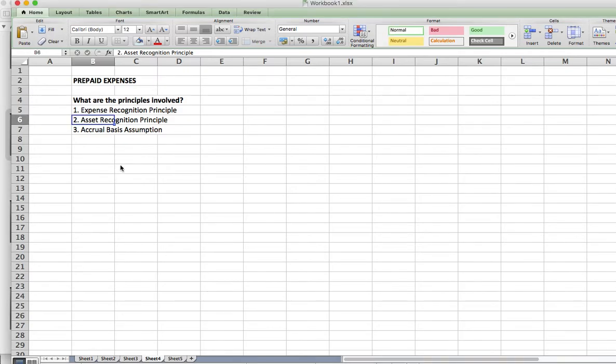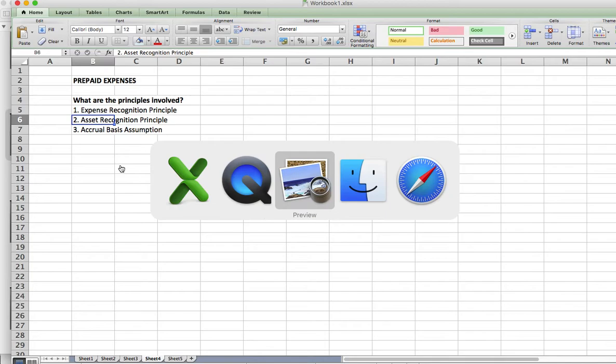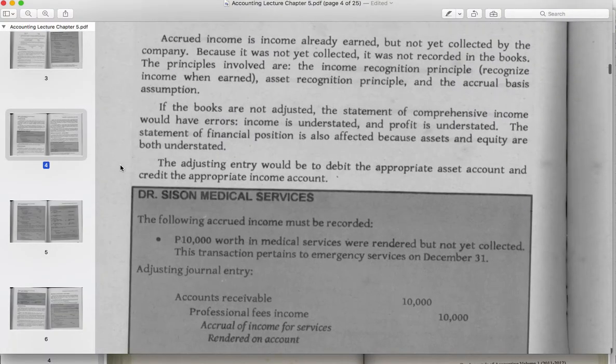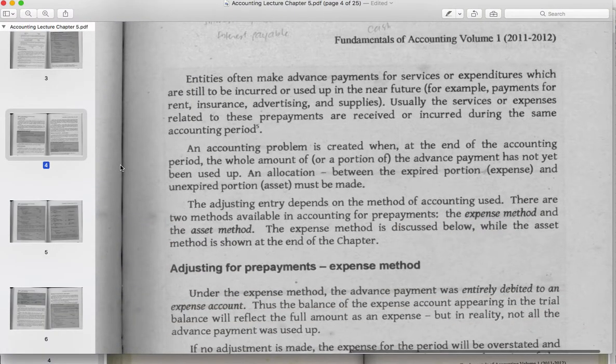Now, question, bakit ba kasi nagkakaroon ng prepayment? Bakit ba may prepayment? Kasi, ba't ba nagbabayad in advance? Nagbabayad in advance kasi either it is required by the contract or agreement between two parties, or nagbabayad in advance and nire-record din in advance yung prepaid expenses as expenses kasi the entity thinks that it is easier for them to record it such way.